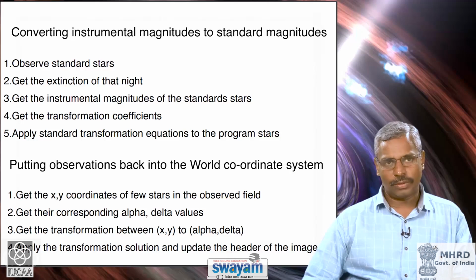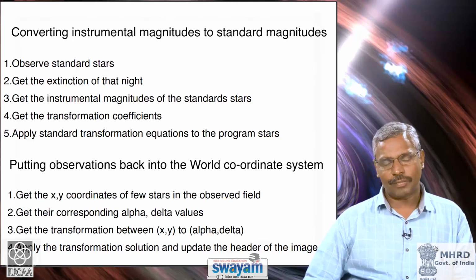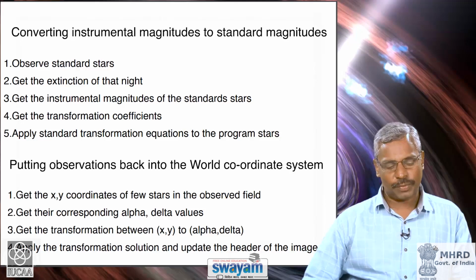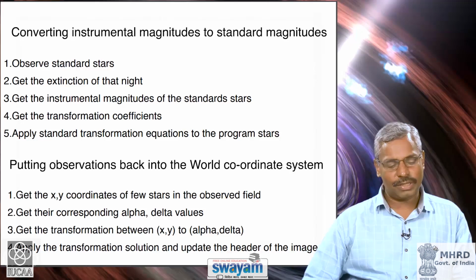We have well defined catalogs where the brightness of certain stars is well known. Using the same instrumental setup, we observe those standard stars whose brightness is well known. From that, we get transformation coefficients to convert the instrumental brightness to the standard brightness.